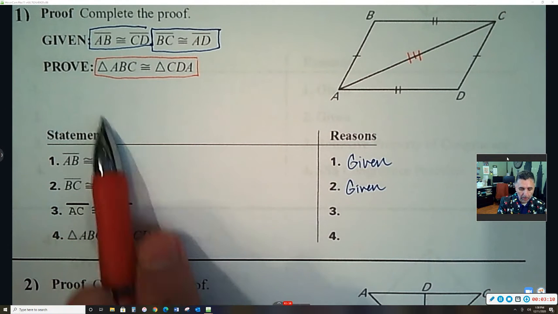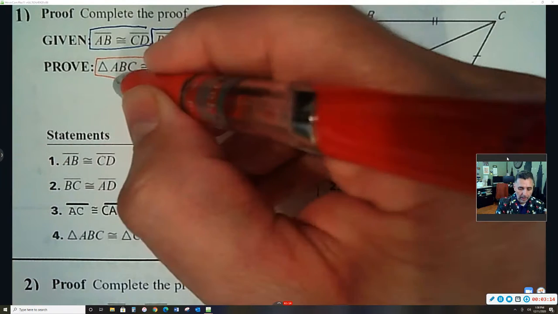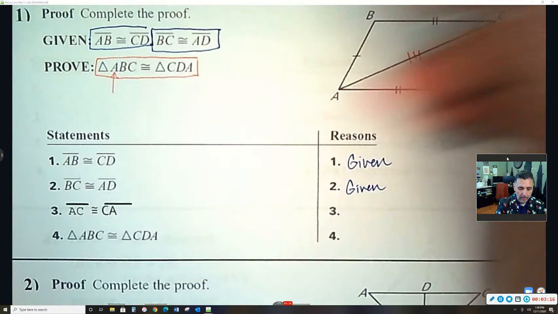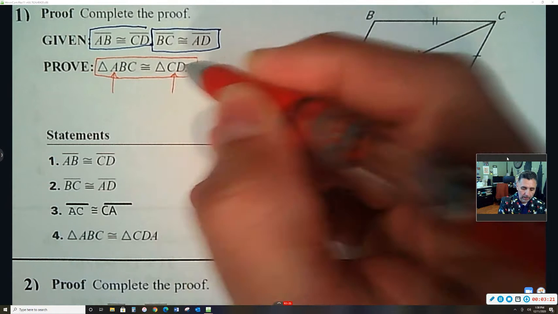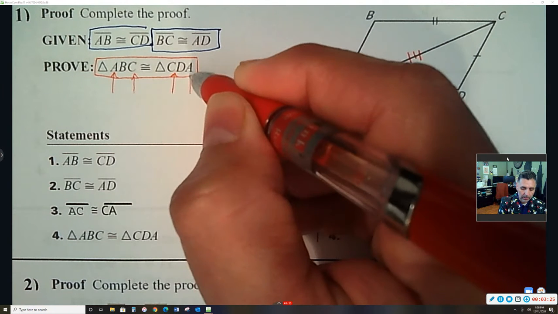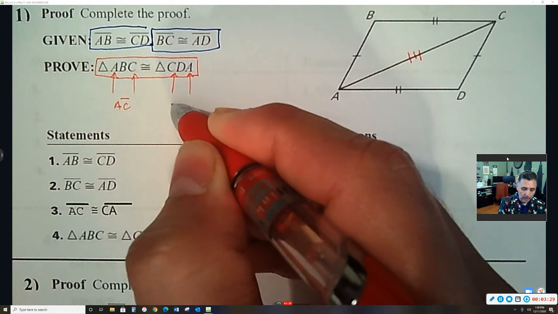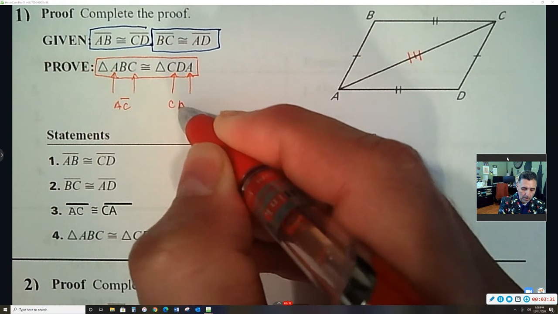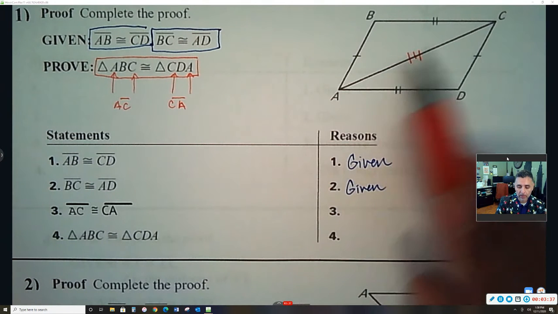It's not that way because, see, if you look at this triangle on the left hand side, A is the first letter, which corresponds to C, and then over here you have C, and on this side you have A. So for this triangle, AC corresponds to CA. Okay, and that's why it's written this way, even though it's referring to the same line.